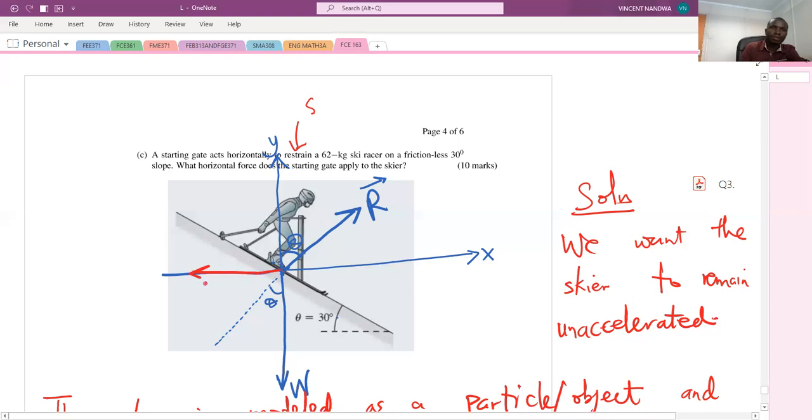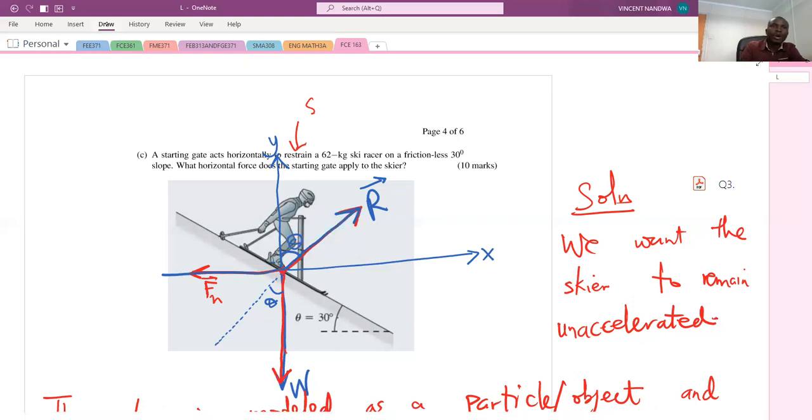So this is where we have the FH. These are the three forces acting on this racer. So if this angle is 30 degrees, theta, then you expect this one also to be theta.